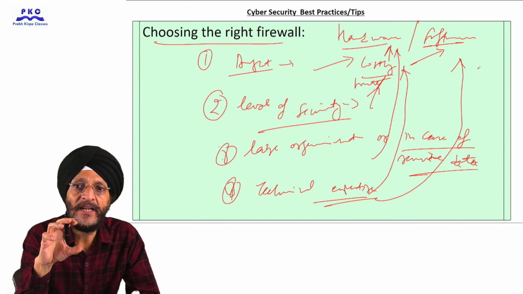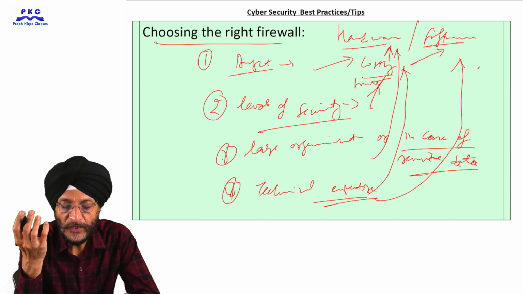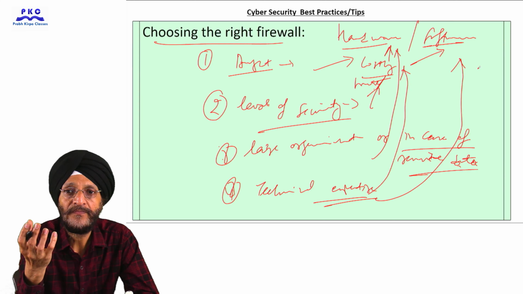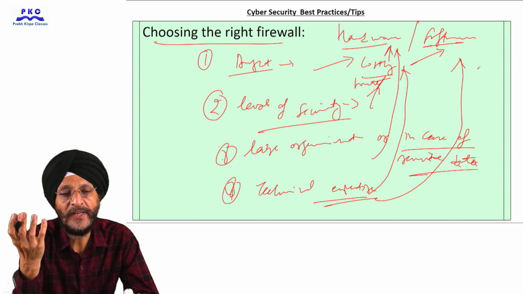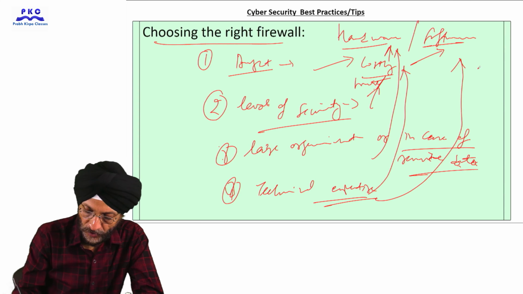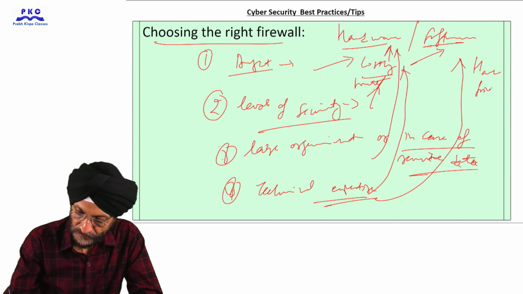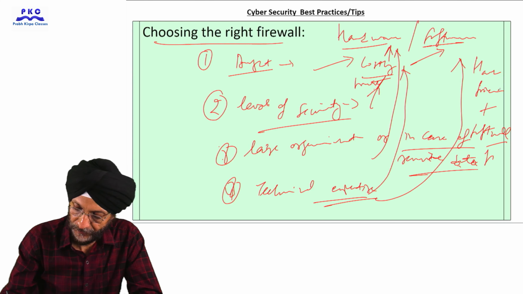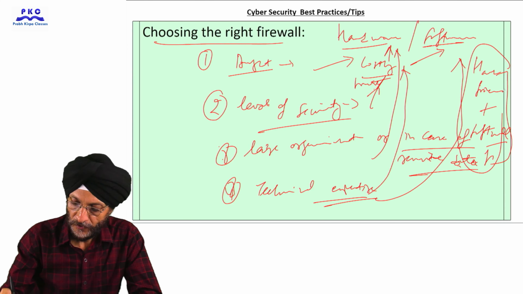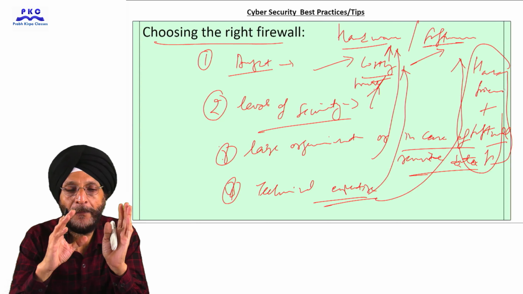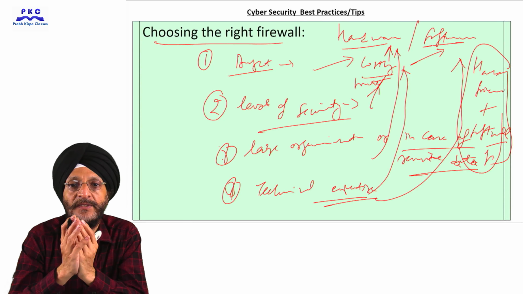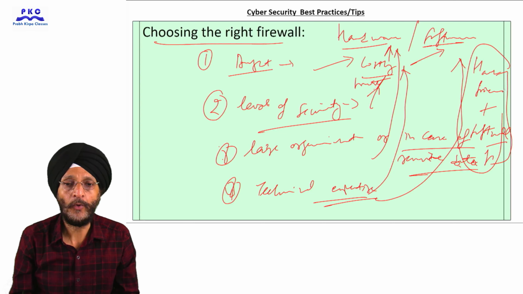It may be added that some large organizations prefer to opt for both, hardware firewall plus software firewall. They make use of both to protect their computer systems and network devices.